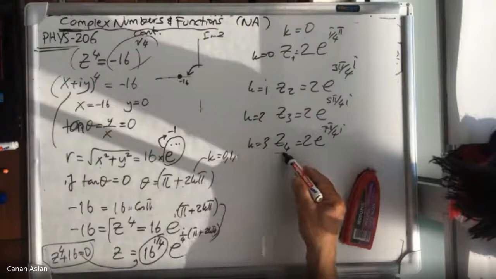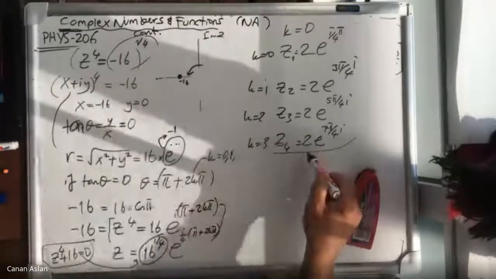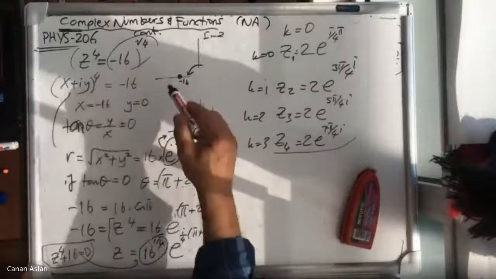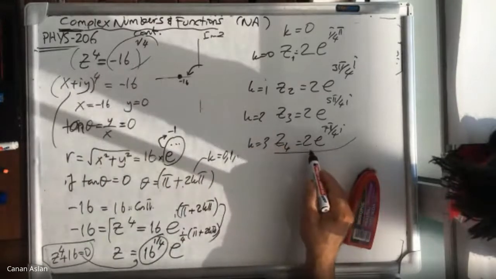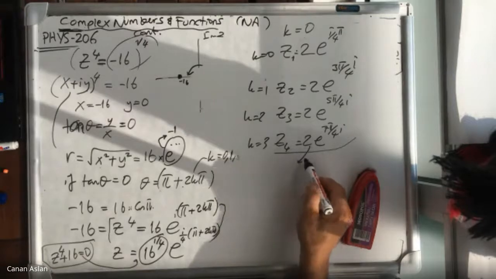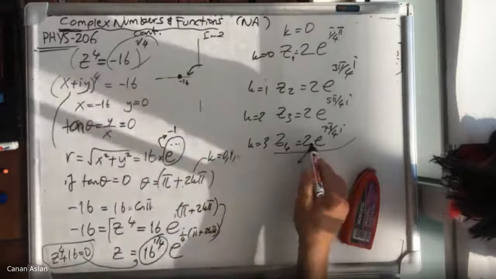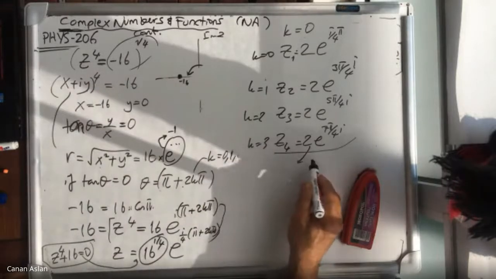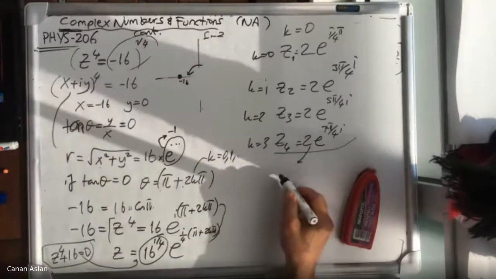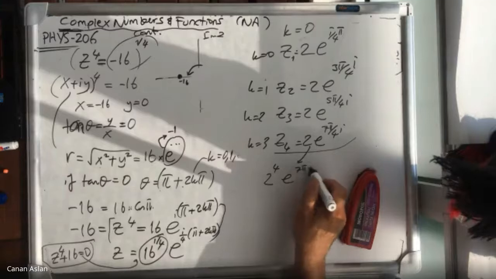So these are the roots of this equation. When we put them in here, we get exactly minus 16. Because if you take this one for instance, and take the fourth power of the right-hand side, it's just 2 to the 4 times e to the 7 pi i.